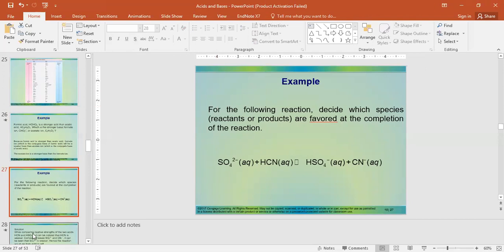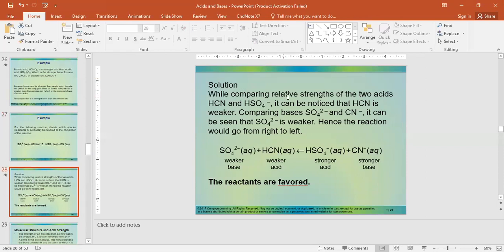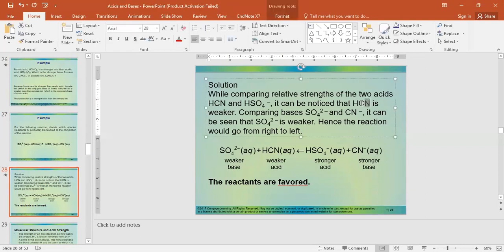While comparing the relative strength of the two acids, hydrogen cyanide and hydrogen sulfate, it is going to be noticed that this cyanide here is weak. And when we compare the sulfate and the cyanide ion, you also realize that the sulfate is weaker.